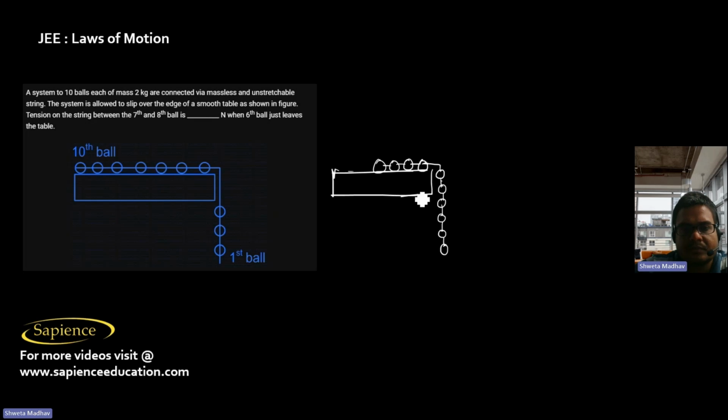Their masses are the same, m. The mass of each ball is 2 kg. The tension in the string in between the 7th and the 8th ball is to be found.